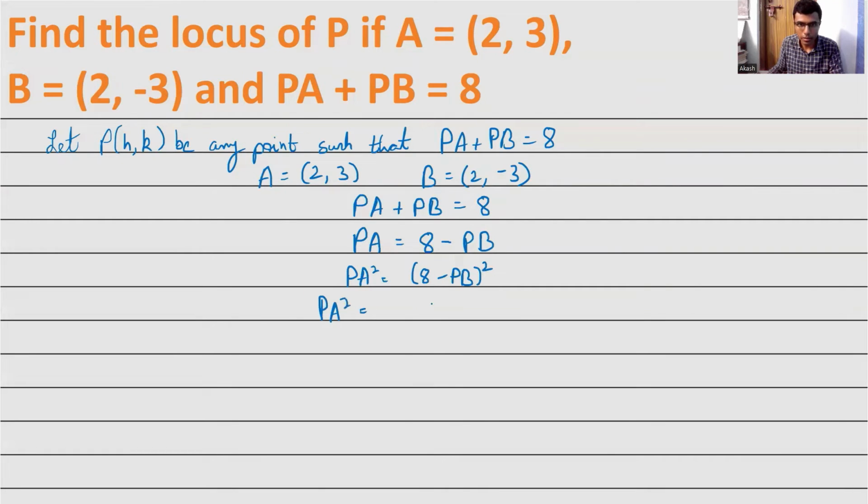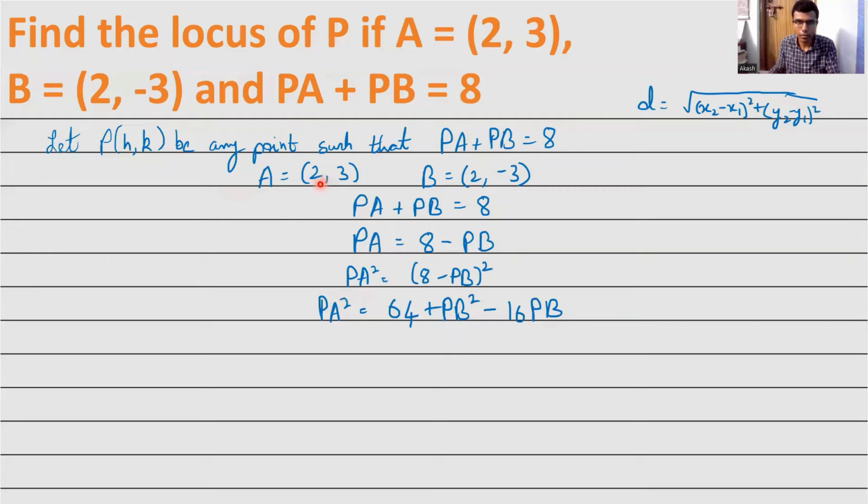PA square is equal to 8 square, which is 64, plus PB square minus 2 into 8 into PB, which would be nothing but 16PB. Now, first let me just explain the distance formula, although you might be knowing it, just 10 seconds. Distance formula is nothing but under root (x2 minus x1) whole square plus (y2 minus y1) whole square.